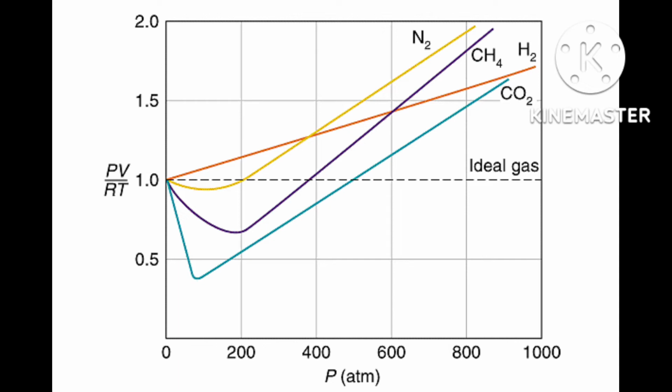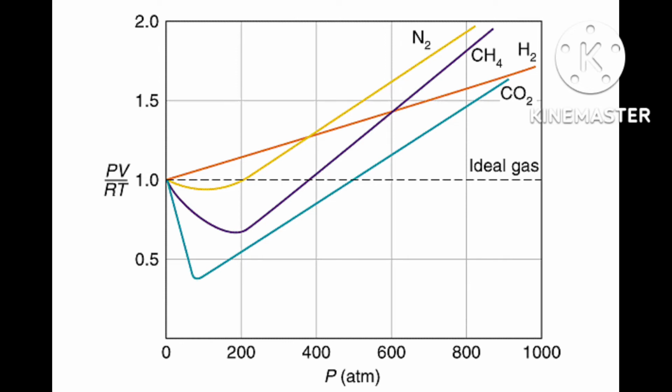More insight into the significance of Z is obtained if we consider the following derivation. Z is equal to P V real divided by nRT. It is just like compressibility, Z is equal to PV divided by nRT. Here also the same thing, Z is equal to P V real divided by nRT.